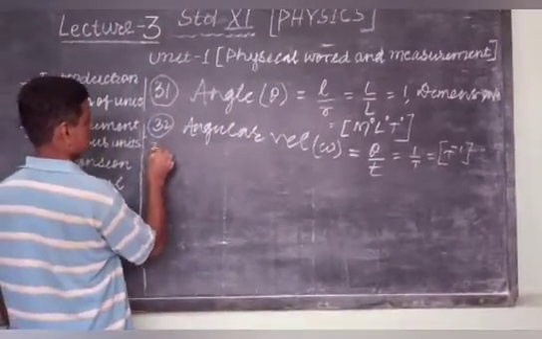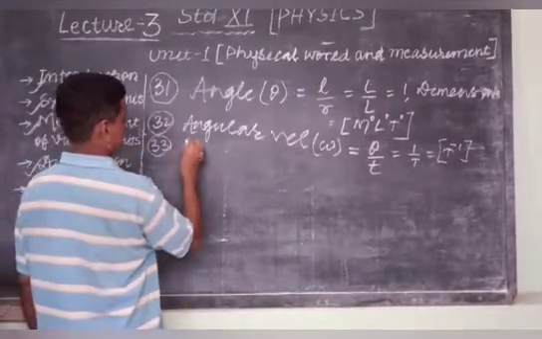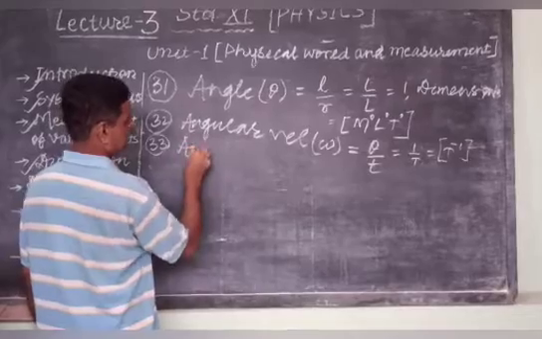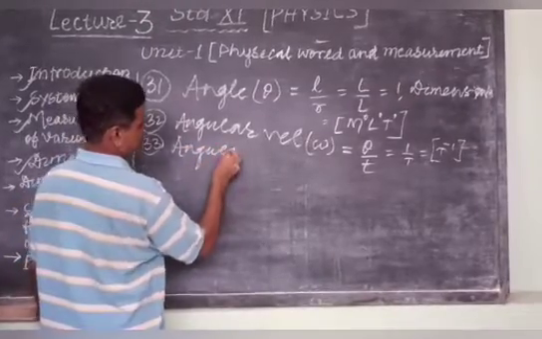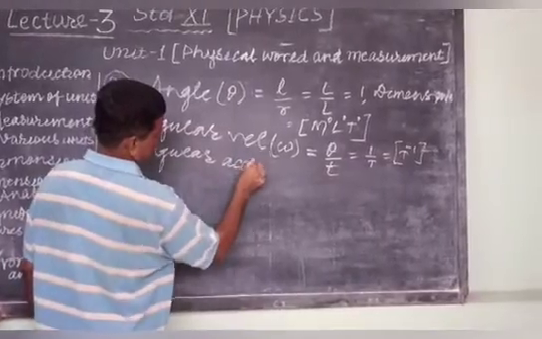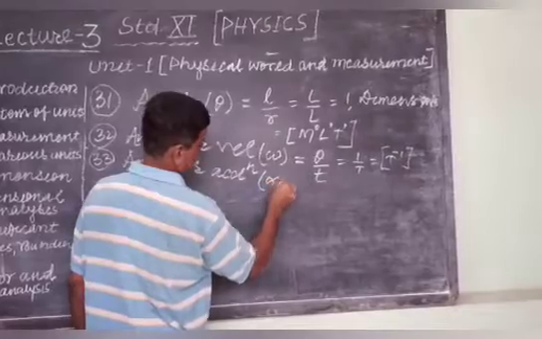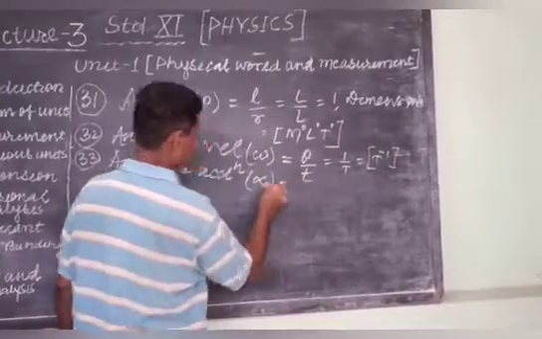Serial number 33, angular acceleration. It is denoted by alpha.